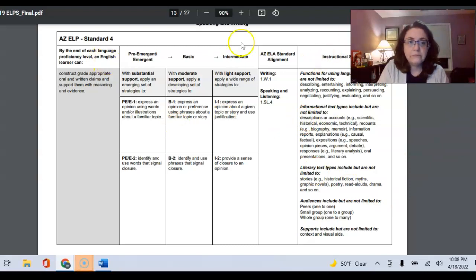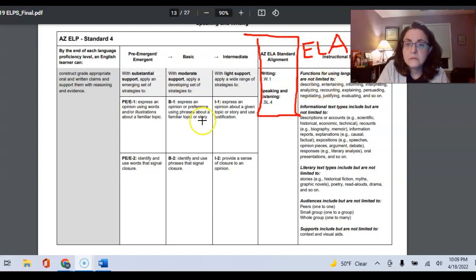So remember, this is ELA, okay? This is for United States students. And for the writing lesson, yes, you will refer to these, but these are not your language standards for your ESWL students.